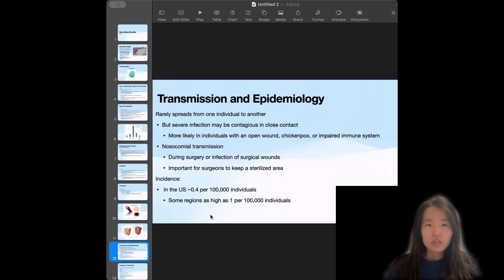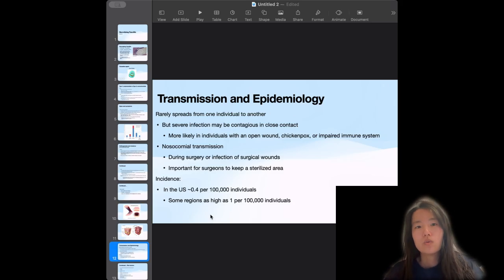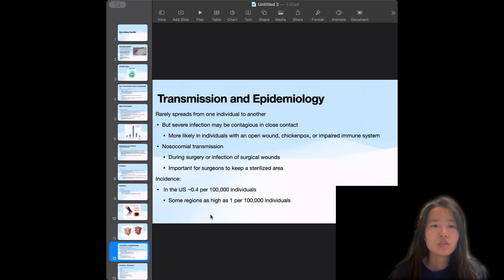So for transmission, the bacteria is rarely transmitted from one individual to another. However, it's not impossible. It can occur if the individual is severely infected and comes into close contact or direct contact with an individual who has an open wound, chickenpox, or an impaired immune system. Another form of transmission is through nosocomial means.